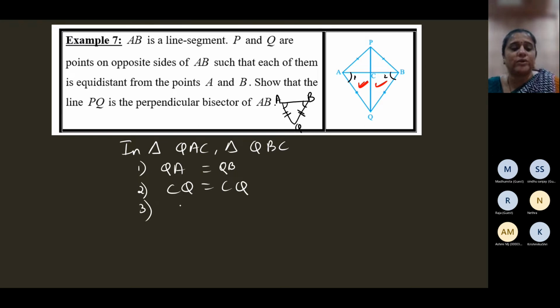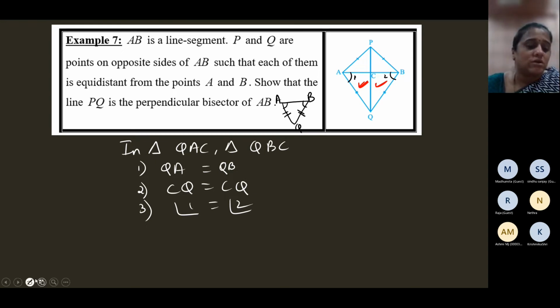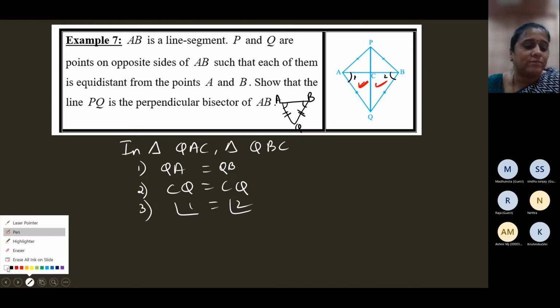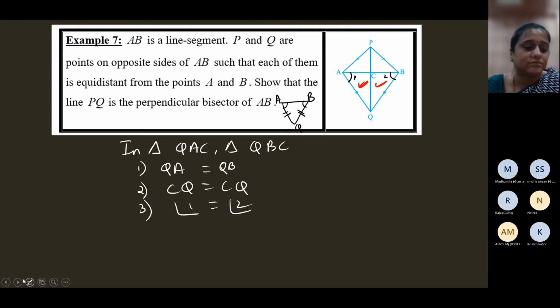Now we know that this does not make any congruence rule because it's SSA. It's two sides and some other angle, which is not a valid congruence rule. So we don't have sufficient information to show that these two triangles are congruent. So what do we do? We take up two different sets of triangles, ma'am.